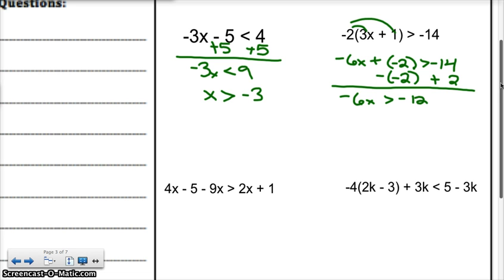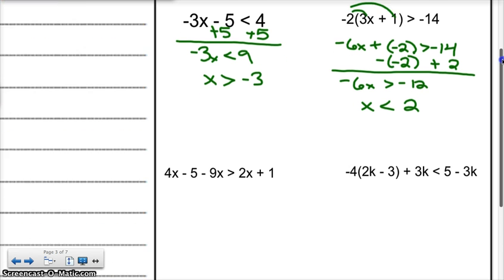Negative 6x is bigger than negative 12. Divide through by a negative. That means I got to MDNF it. So I flip that inequality, and it's a positive 2. Negative 12 divided by a negative 6 is a positive 2.